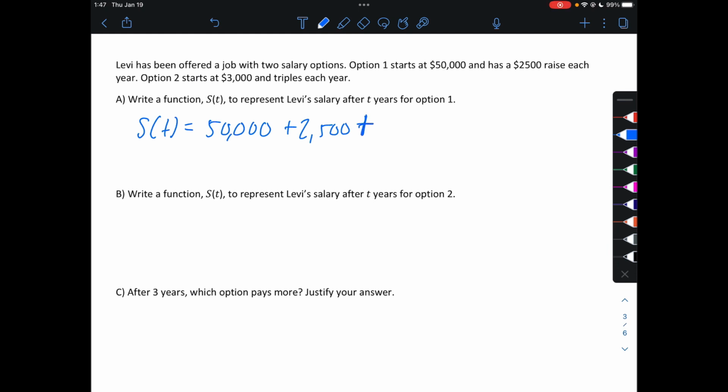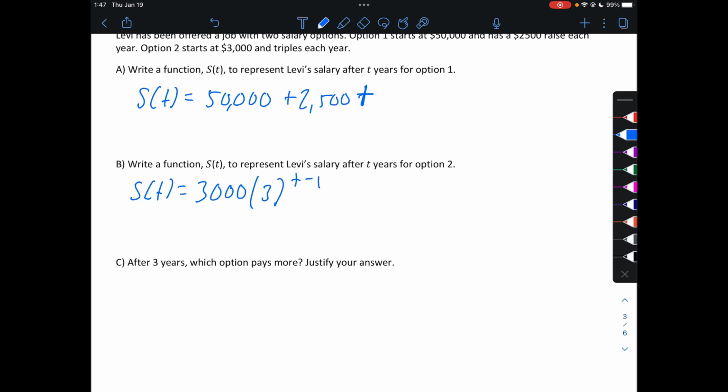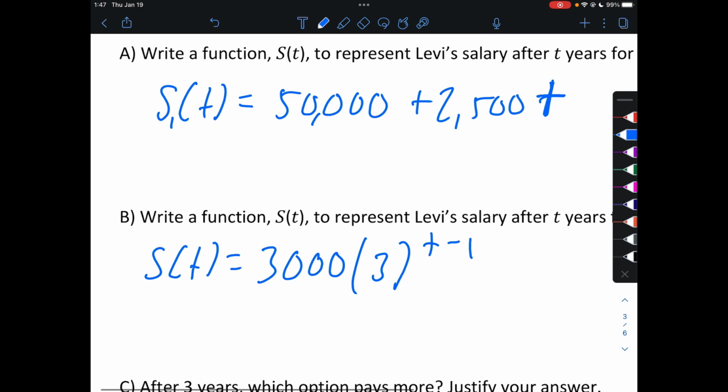The second function, well, it's exponential, but we called it geometric in our last unit. It starts at 3,000, but then it triples every year. So after 3 years, which option pays more? I'm going to call these S1 of t and S2 of t.